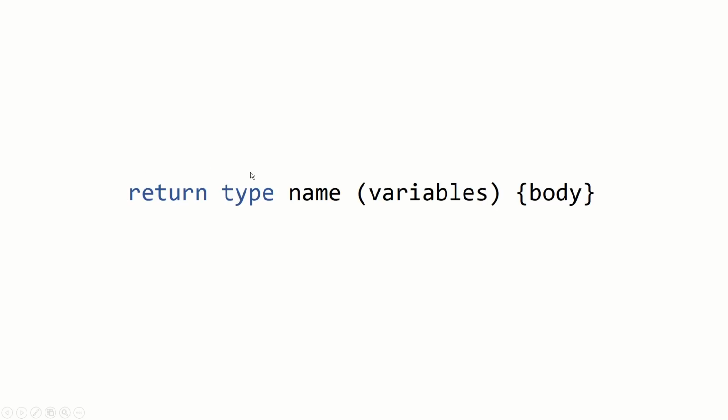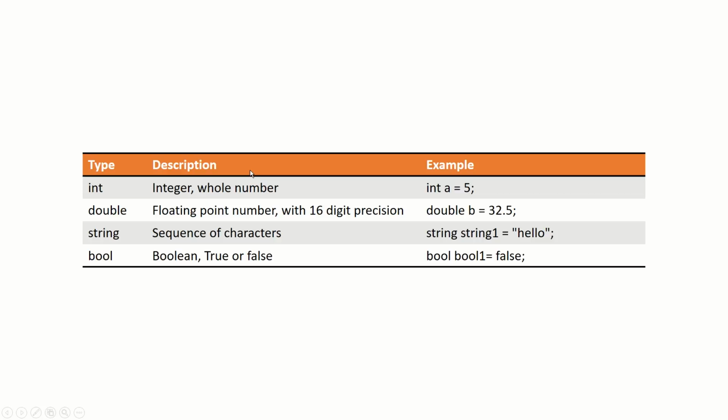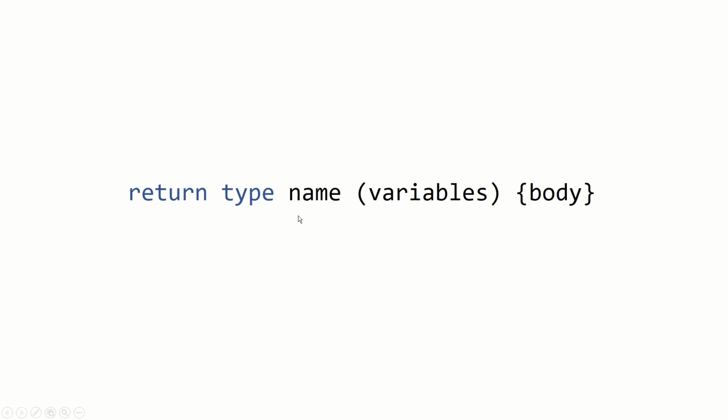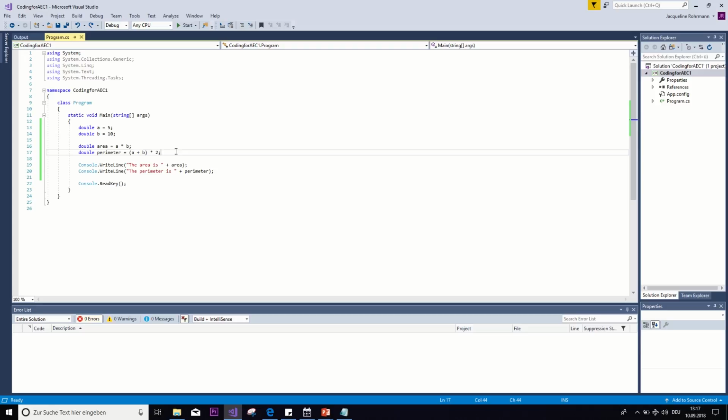It has a return type, which is the data type, so you remember one of those, of the result that we want to get. And then it has a name. It might have input variables. And then it has the body in which we do all the calculations. So this might sound a bit abstract, but let's just try it out and then you will see how it works.